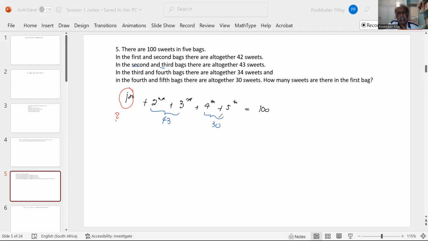So these two together is 43. These together gives you 30. So the 4 bags, second, third, fourth, and fifth, are 73 there. So therefore, the first bag has 100 minus 43 minus 30, as we saw, it's 100 minus 73, which is 27.